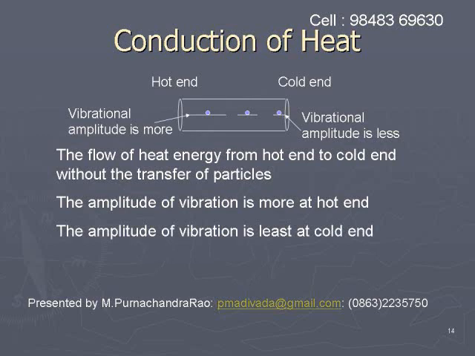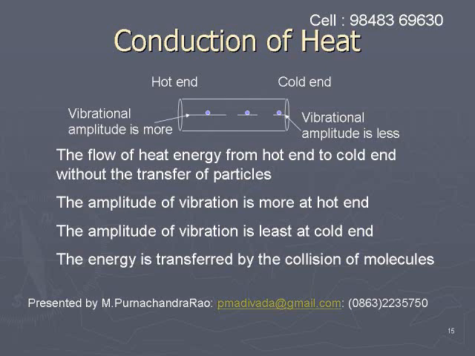So the amplitude of vibration increases slowly from left end to right end due to collision. But the molecules at the left end will be vibrating with more amplitude, and the molecules at the right end, the cold end, will be vibrating with less amplitude.